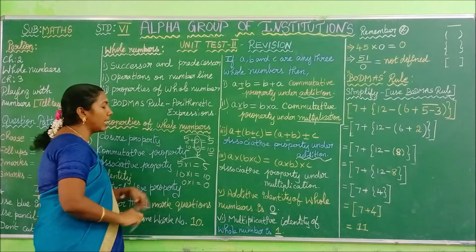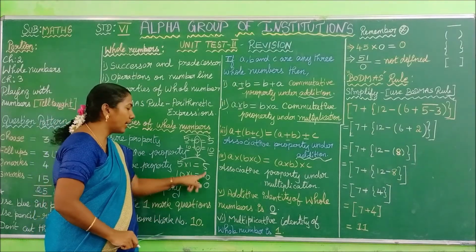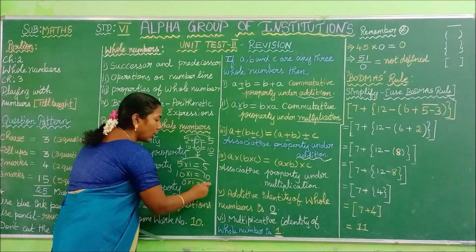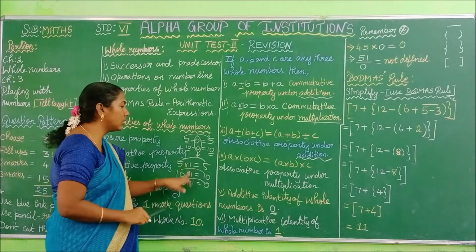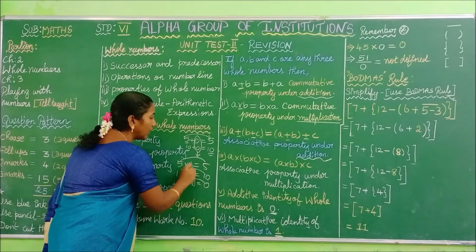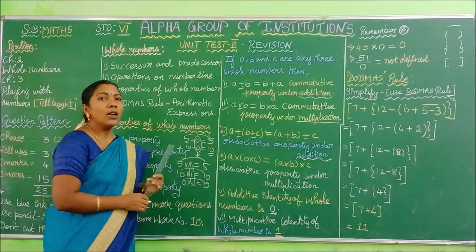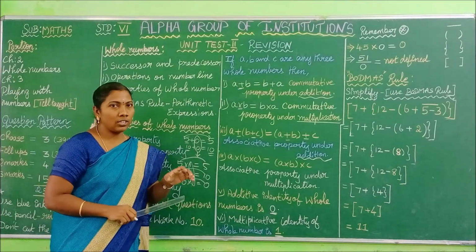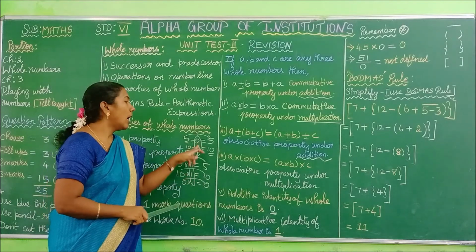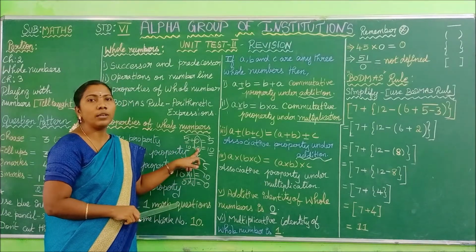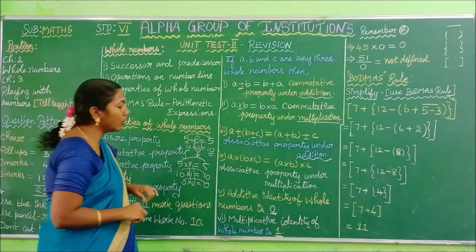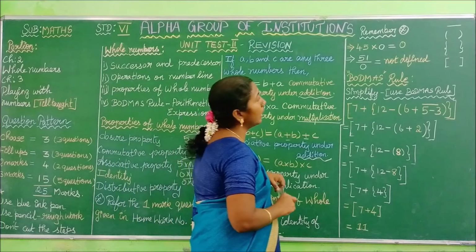If you multiply any number with 1, you get the same number. Do you understand, children? That's why we are calling this 1 the identity for the operation multiplication. So we call the 1 the multiplicative identity for whole numbers, and additive identity of whole number is 0. Are we clear, children? Okay. Next we are going to see an important concept.